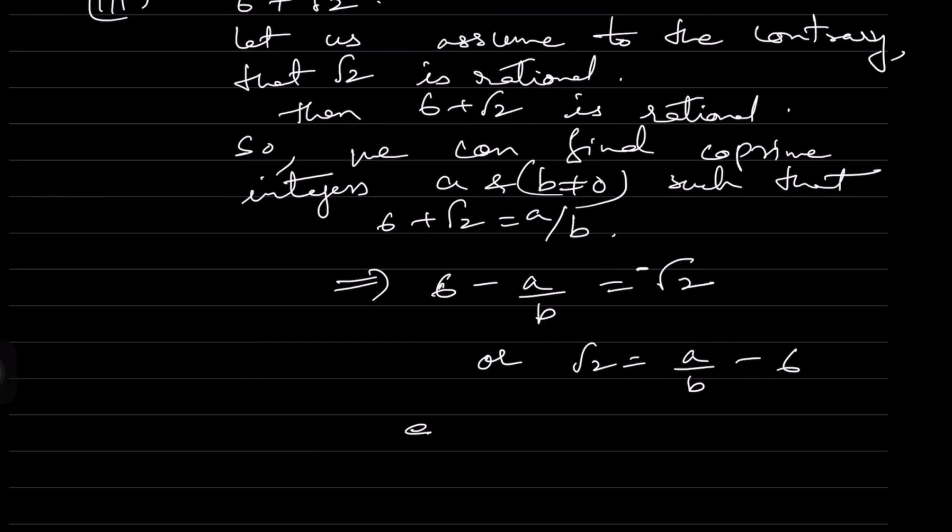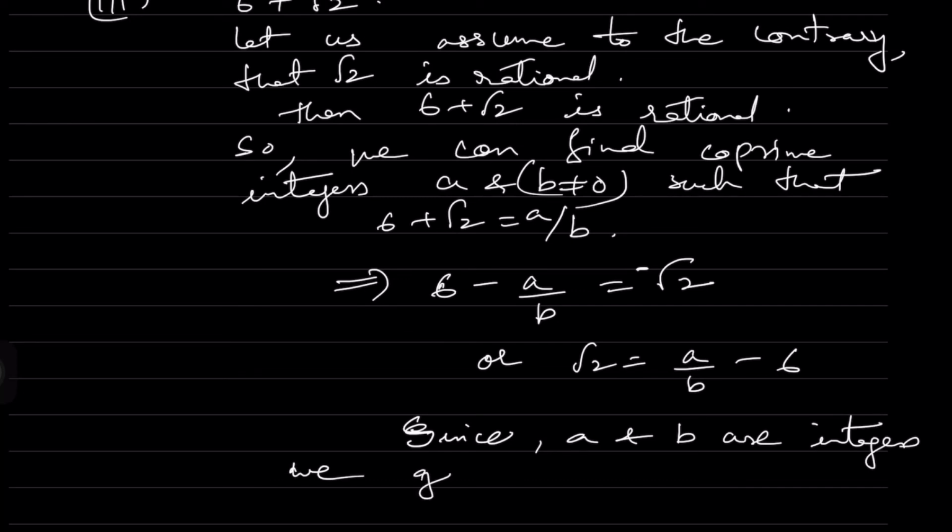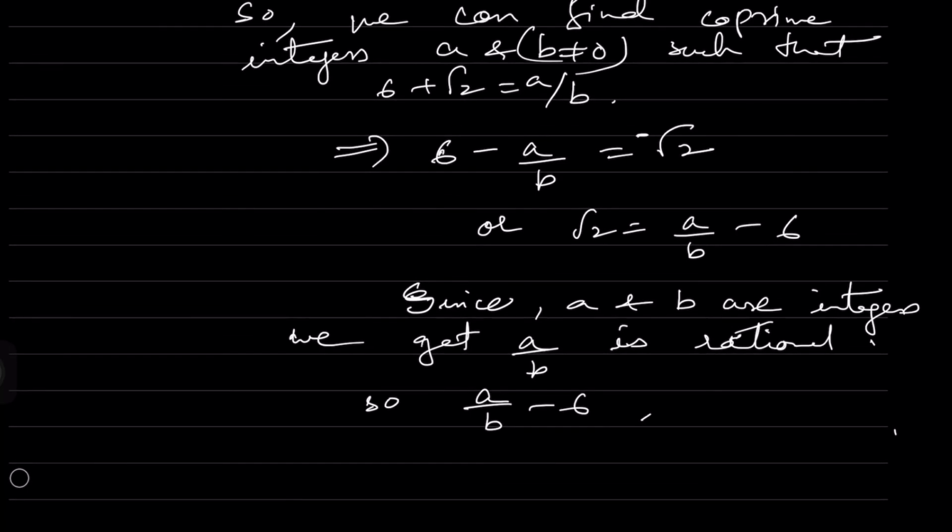Since a and b are integers, we get a by b is rational. And so a by b minus 6 is also rational. So root 2 is rational.